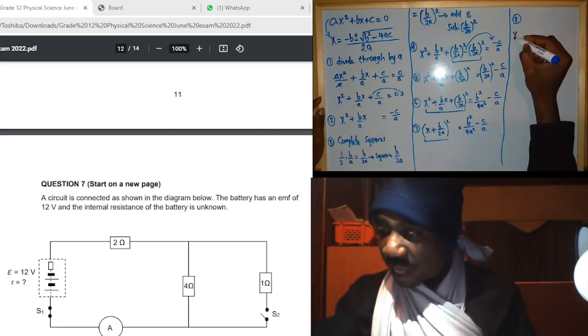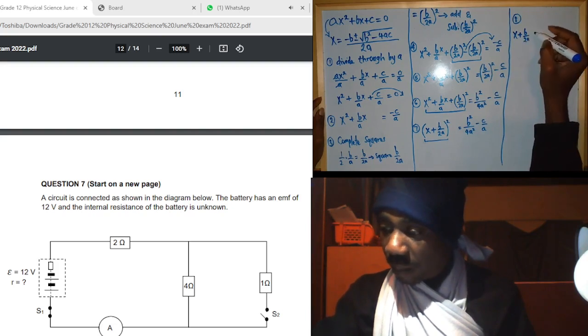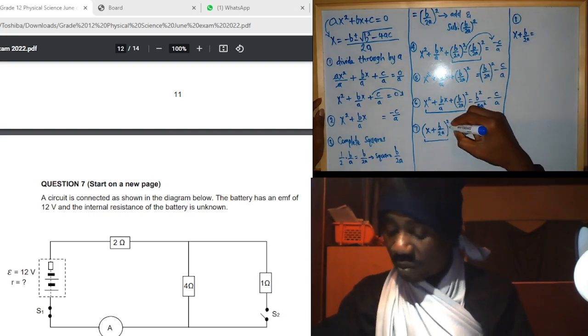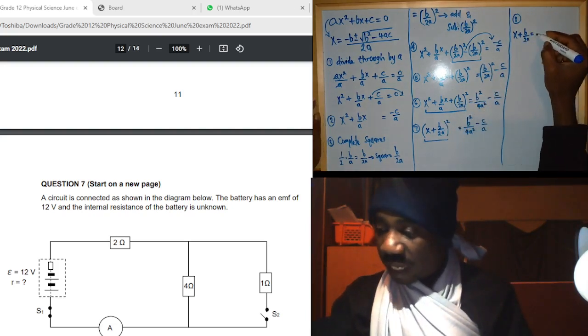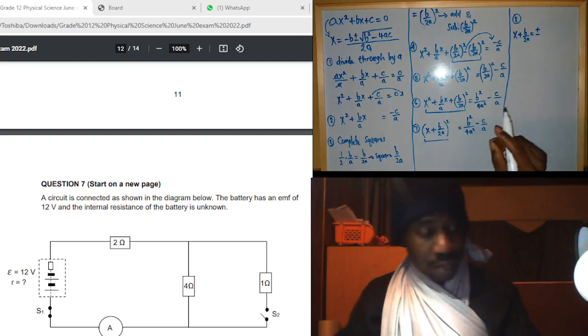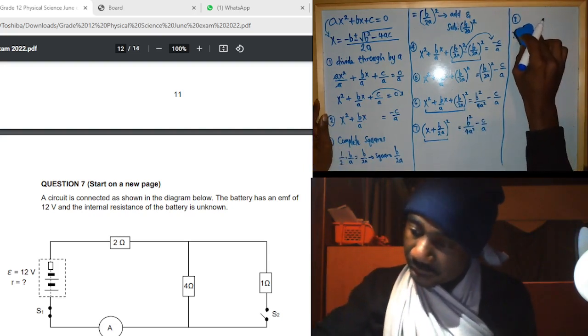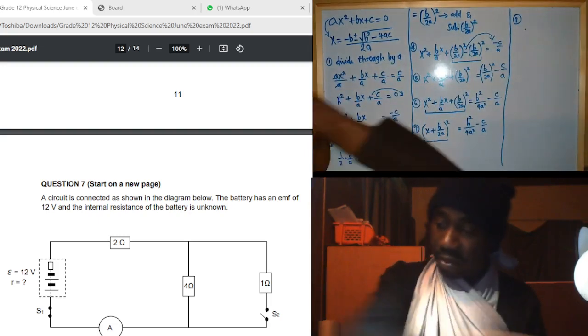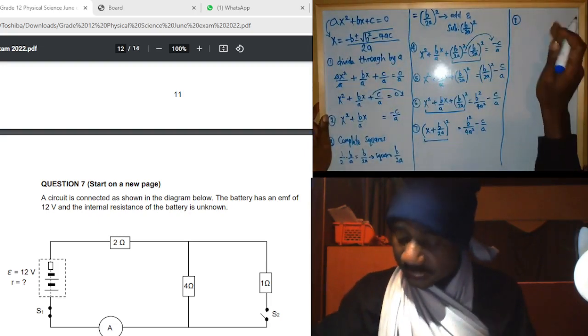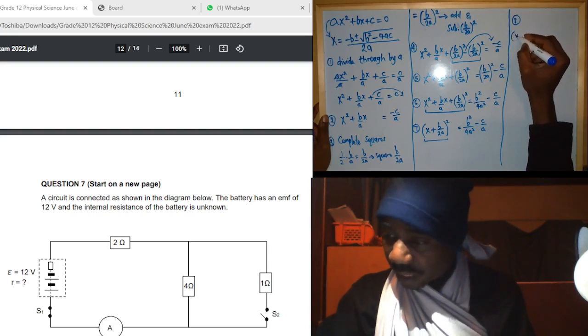So that will be x plus b over 2a equals, by the time this square comes to the other side, it becomes plus or minus the square root. Okay, before we do that, let's do this. It's important. So the next step, we can simplify the right hand side.